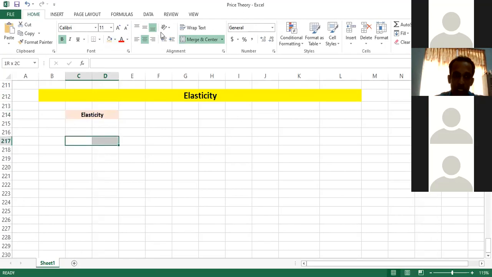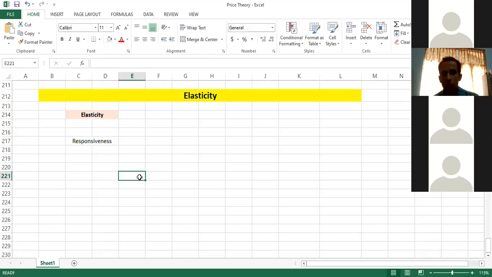That's the exact word, responsiveness. So then what is the relationship of this concept to demand and supply analysis? How can we use this elasticity concept in demand and supply theory?